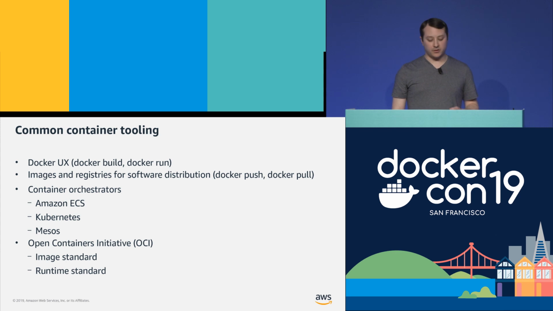These include the image standard, which defines how a container file system should be represented and transferred, as well as the runtime standard, which is meant to make it easier to have alternative ways to run containers. Kubernetes has also established an interface for runtimes called the CRI, or the Container Runtime Interface. Compliant runtimes with CRI can be easily used with Kubernetes.